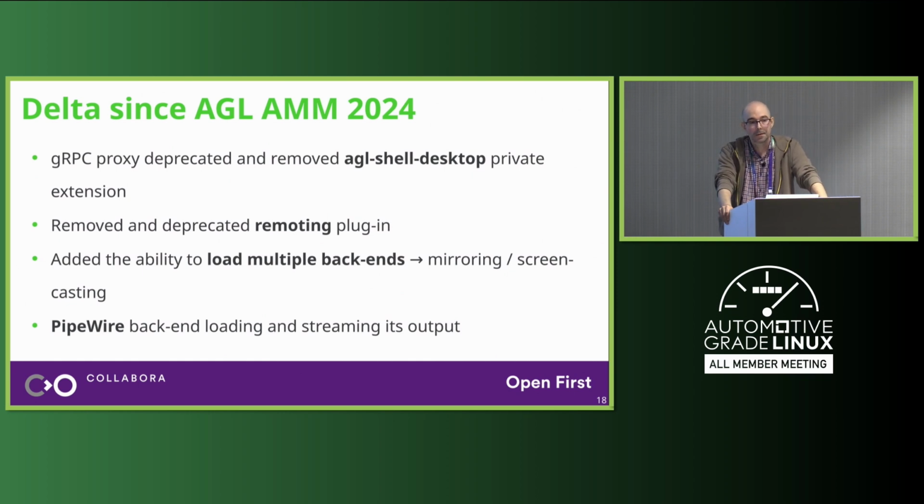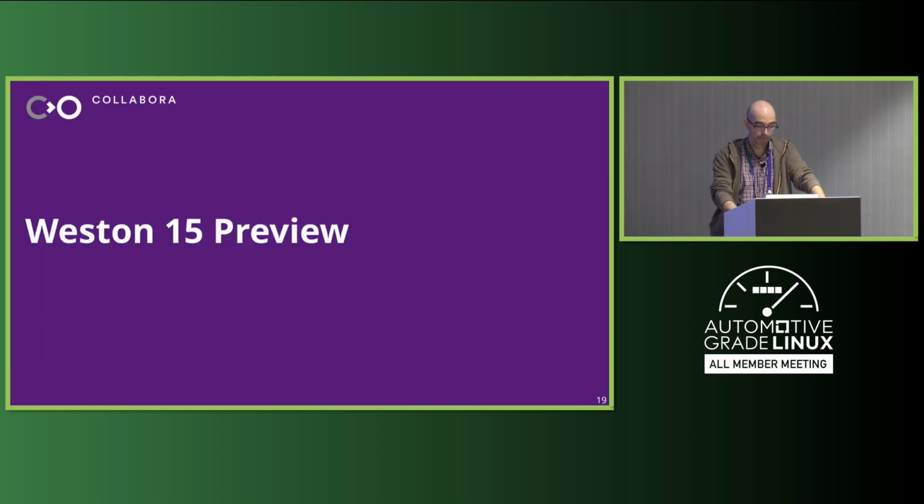On the client side, it uses the gRPC API. Like I've said, we removed the remoting plugin, and instead we used the PipeWire backend to perform screen sharing. And with that, we also had to add this ability to load multiple backends at the same time. Obviously, there were bugs involved, but this is just more in terms of features and removals.